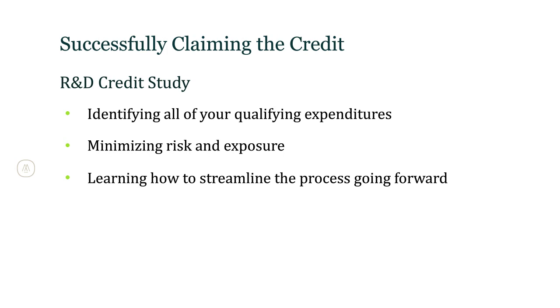Successfully claiming the credit, identifying all your qualifying expenditures is really key. First off, obviously, figuring out your qualified activities, and then getting the nexus between the qualified activities and the qualified expenditures is really important. You want to really understand the contracts, if you have contracts with contractors or customers, what they say relating to risks and rights, and really honing in on those areas that could be challenged by the taxing authorities.